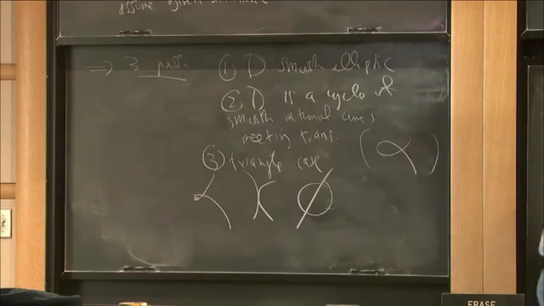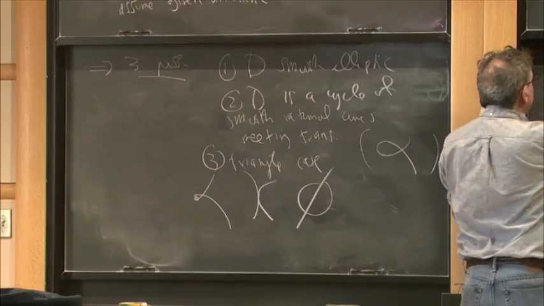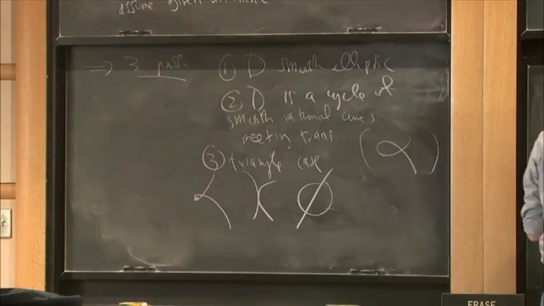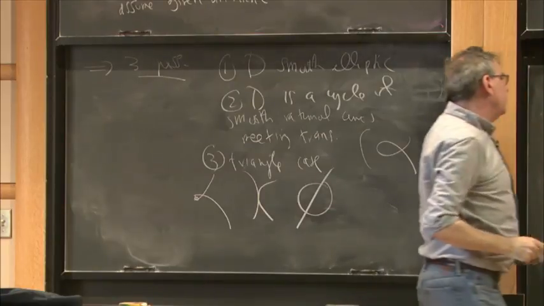And then the period map in this context is given by phi_Y from lambda to G_m.